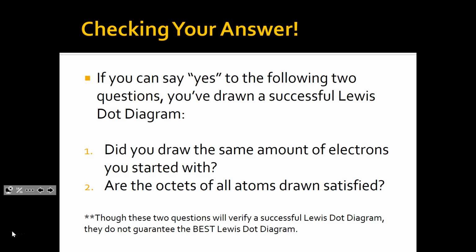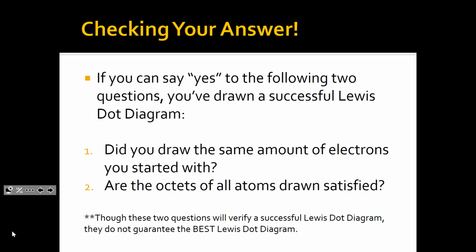So for example, if you counted in step 2 that your total number of valence electrons is 20, then the Lewis dot diagram you drew should have 20 electrons. If it doesn't, if it has more or less, you've drawn something incorrectly. And the second question is, are the octets for all your atoms satisfied? That's important. If there's an element that doesn't have a satisfied octet, then you've drawn an incorrect Lewis dot diagram.